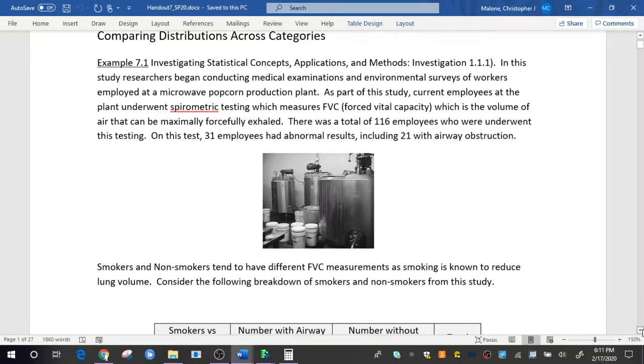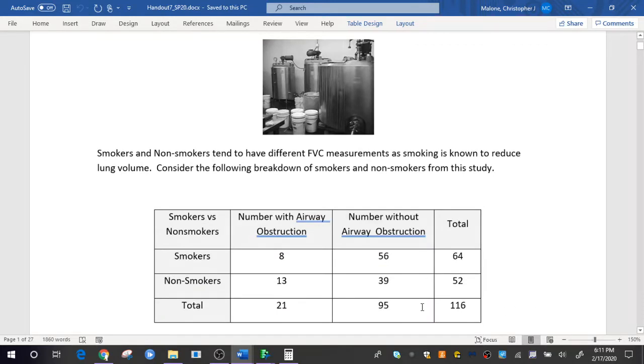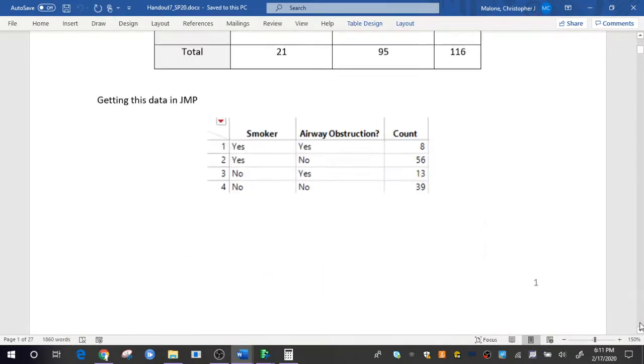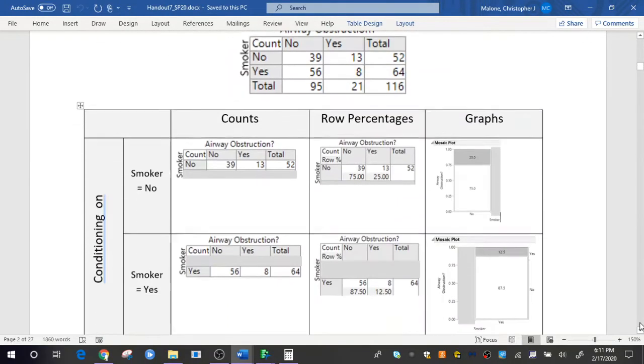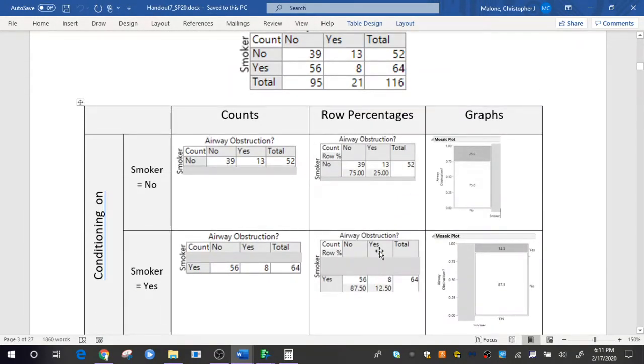And the rate of airway obstruction is substantially higher for my non-smokers than it is for my smokers. Again, those rates were 25% for my non-smokers, whereas my smokers only had a rate of 12.5%.